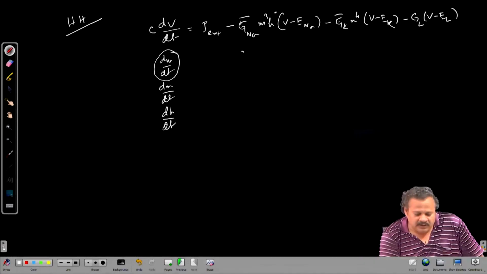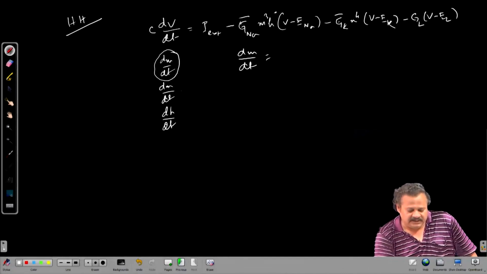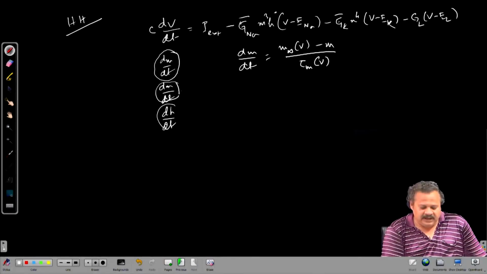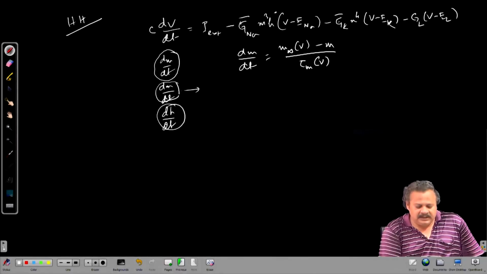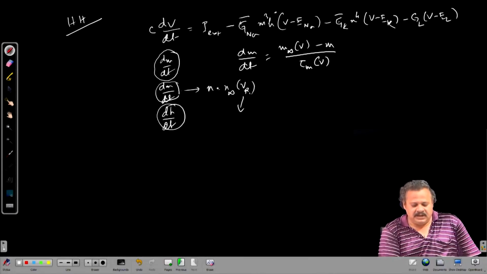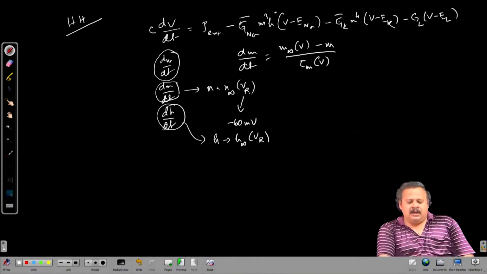So we include the dm/dt in the phase plane analysis with m infinity(V) minus m by tau m(V), and our dn/dt is removed, dh/dt is removed, and we set n equal to n infinity(V rest), which in the Hodgkin-Huxley case is around minus 60 millivolts. Similarly, h also we set to h infinity(V rest). Why?